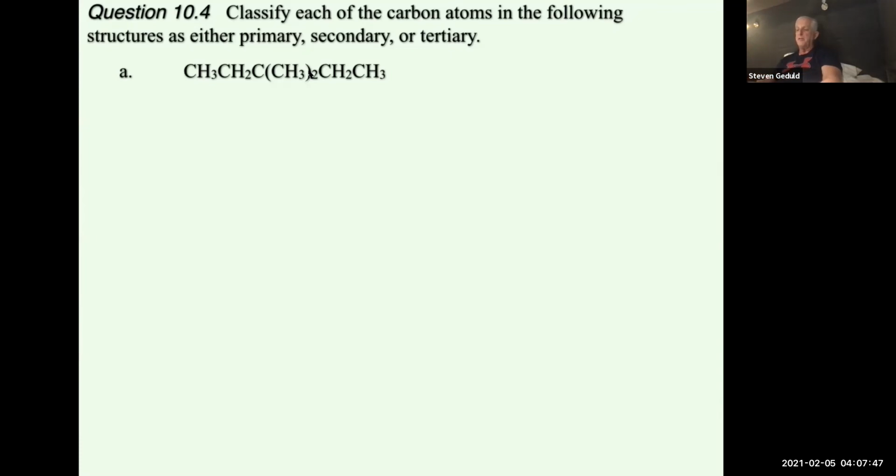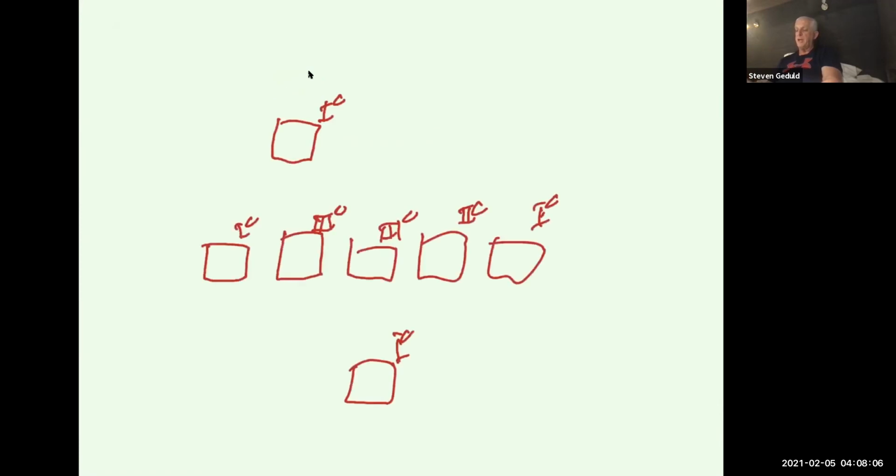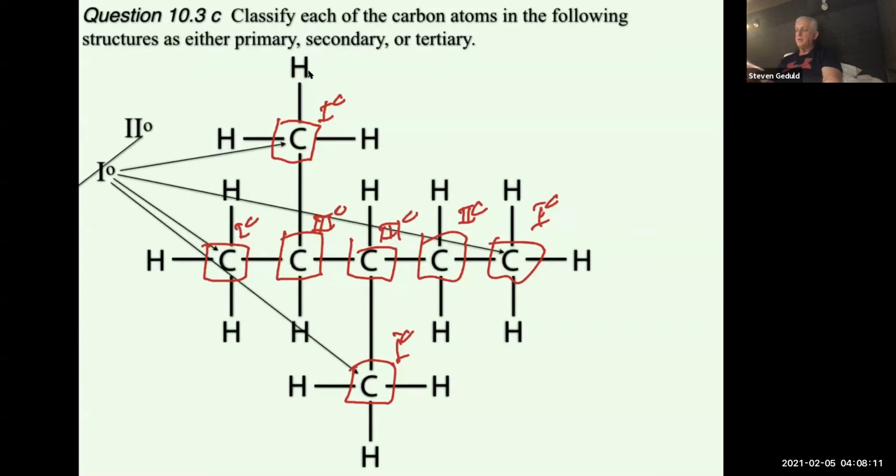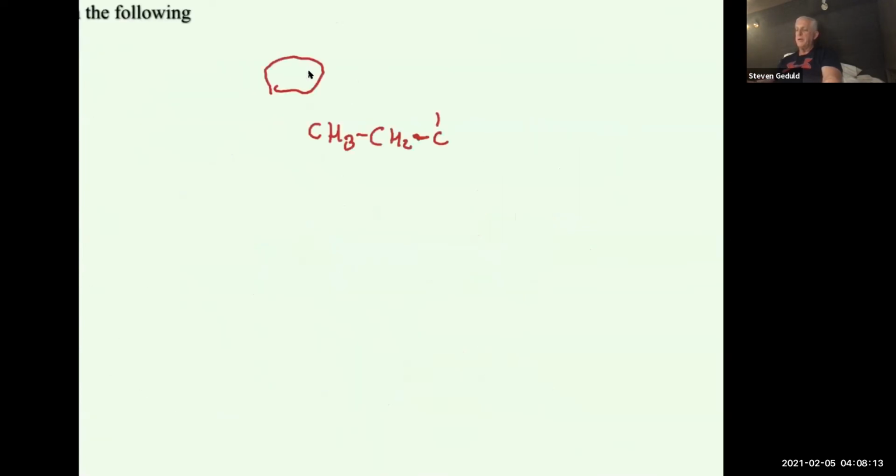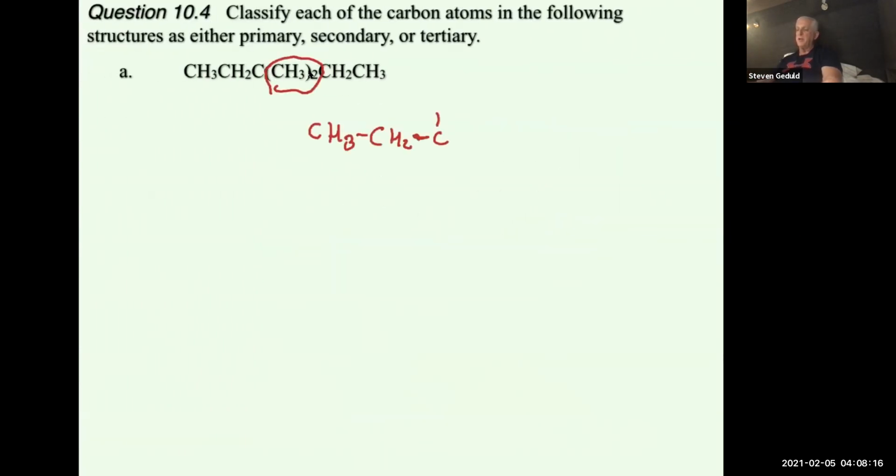You have CH3 bonded to what? CH2 bonded to C. Now this C has 2 CH3 groups attached to it. So that has a CH3, that has a CH3, right?